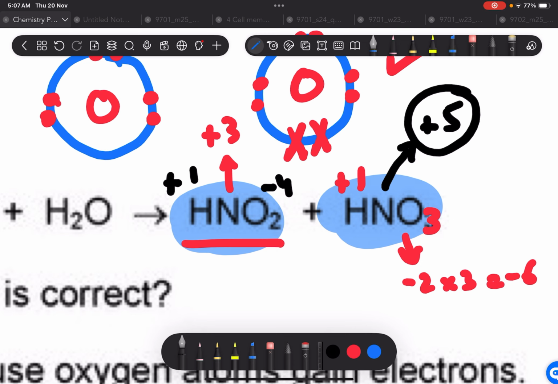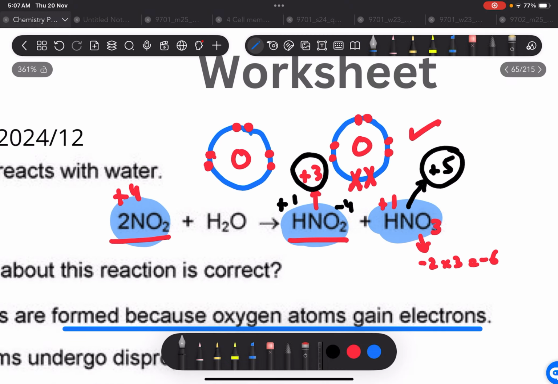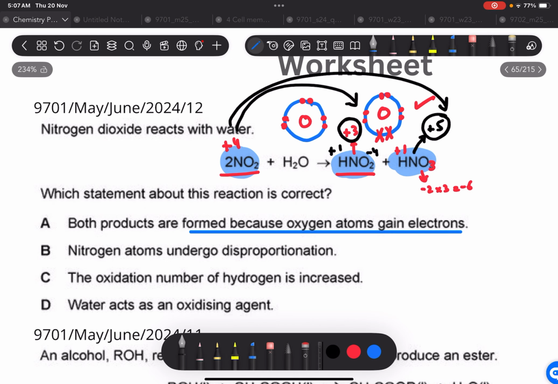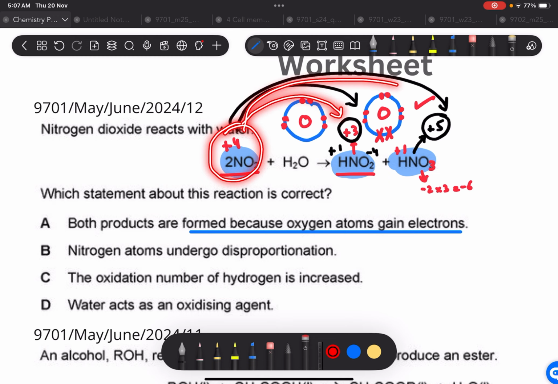A positive 5 here, a positive 3 here, and from a positive 4, it's going into a positive 3 and a positive 5. That's indeed a disproportionation reaction, because a single kind of species is both undergoing reduction and oxidation.